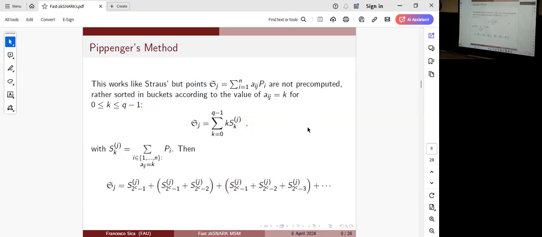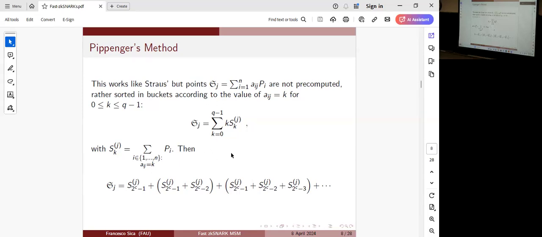So the idea is to group together in this expression all the coefficients which are equal, say all the coefficients which are 1, all that are 2, and so on and so forth, up to the maximum value, which is q minus 1, right? When you group together all the p_i's with the same coefficient, you just have to sum them and multiply by their common coefficient. Okay, and then you do this and you find sigma j.